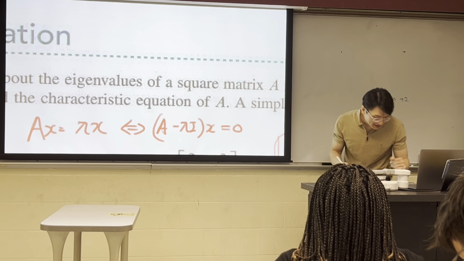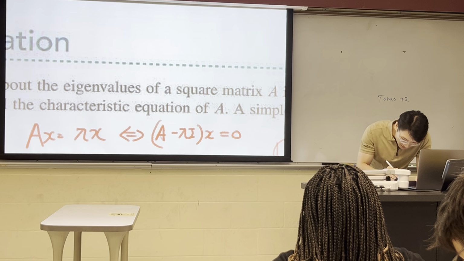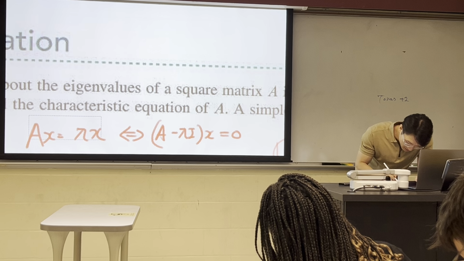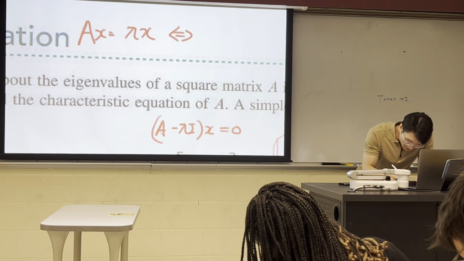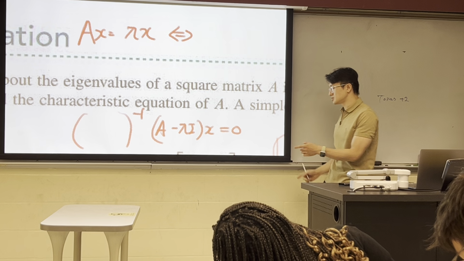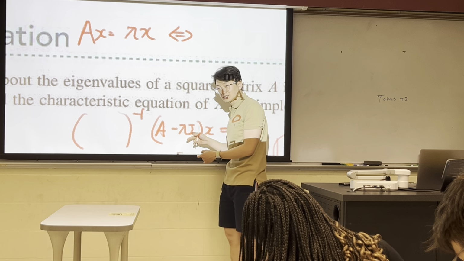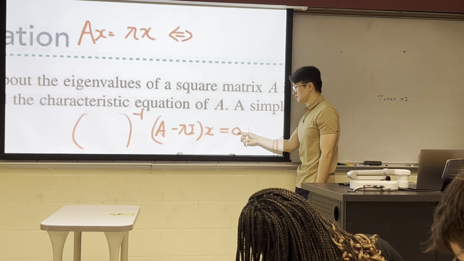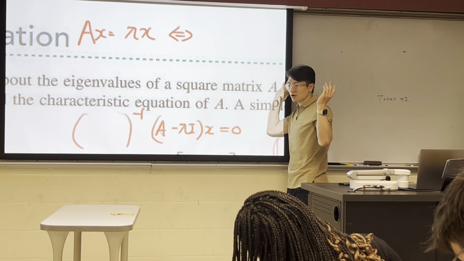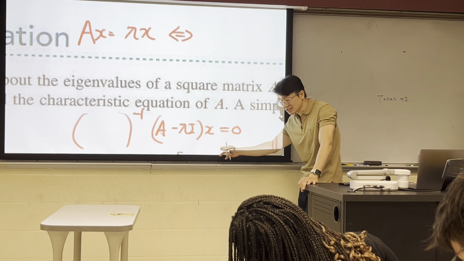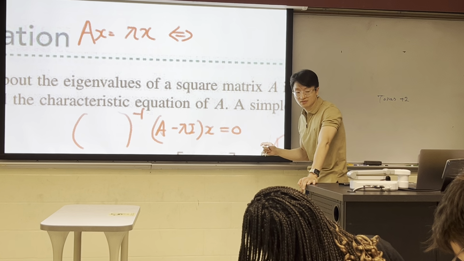Invertible means we can find the inverse matrix. I multiply both sides by the inverse of this and cancel it. Since 0 times whatever is still 0, what we have is just x equals 0. Make sense?